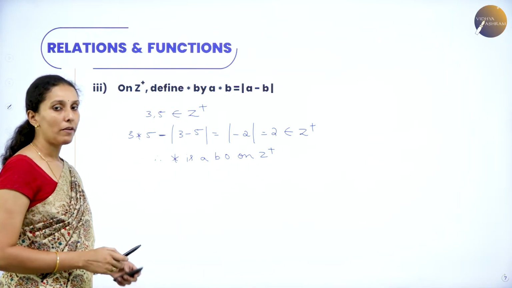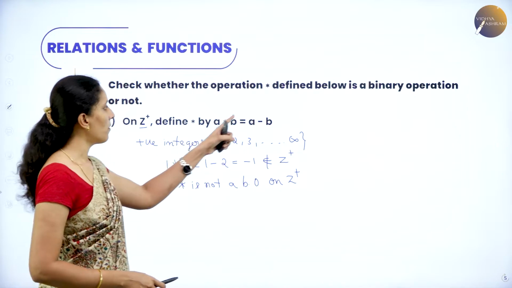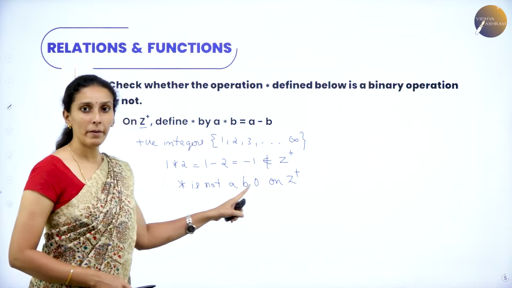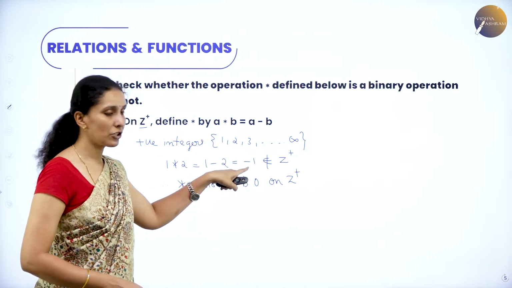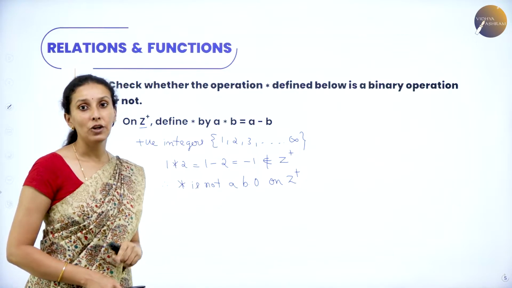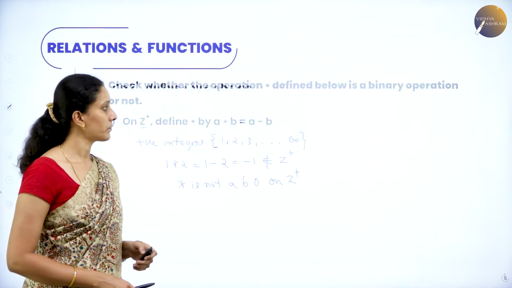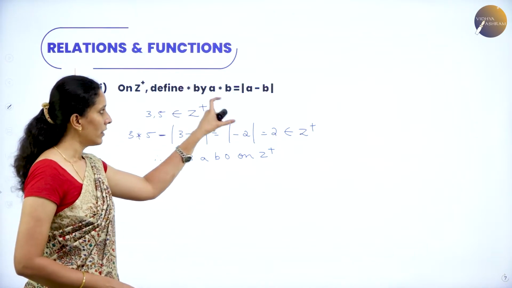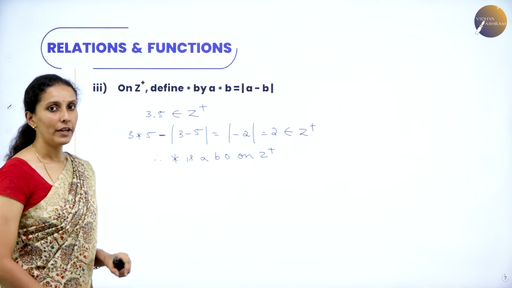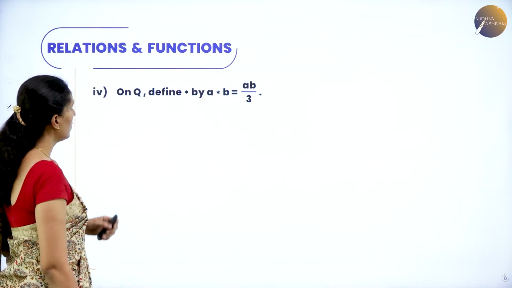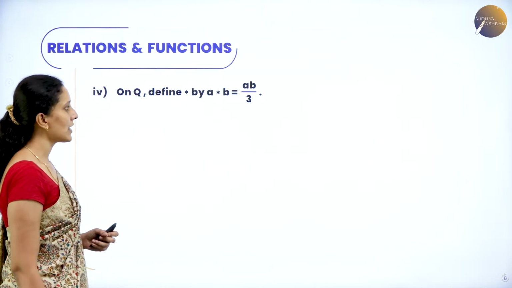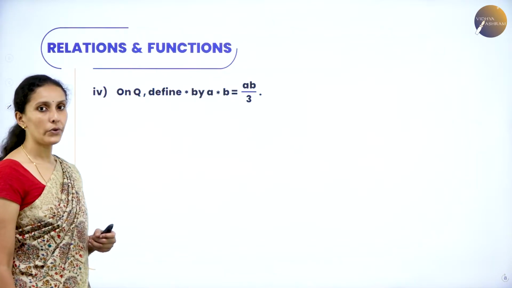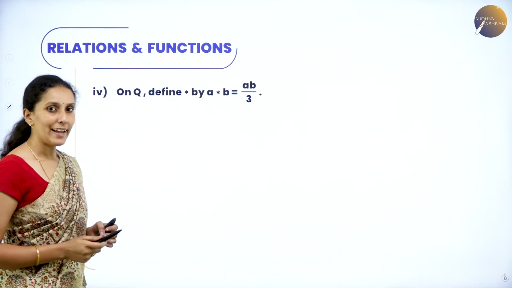So the same problem, when you take it in the form of a minus b, it was not a binary operation because you are getting a negative value, which is not in the set of positive integers. But here it is in the set of positive integers. Next one, on Q, define star by a star b is equal to ab by 3. You can take any rational number.